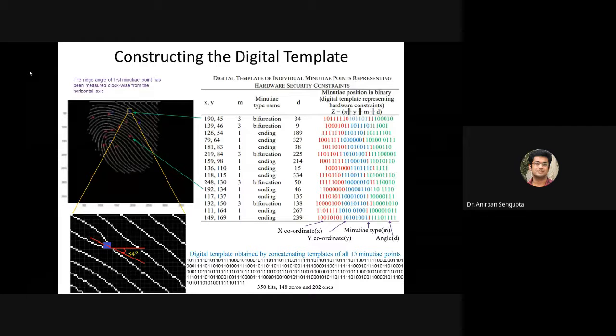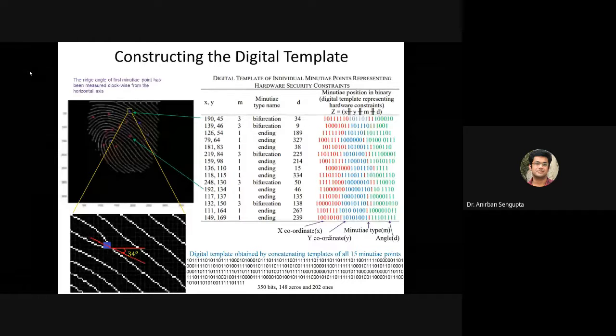Now, based on the minutiae points that are available, we have devised a technique to extract the binary value from there. We have the position of x and y on the x and y axes. We have the value of m, which indicates whether it's a ridge bifurcation or ending, and then we have an angle d, which says what the value of the angle is when we measure it clockwise from the horizontal axis.